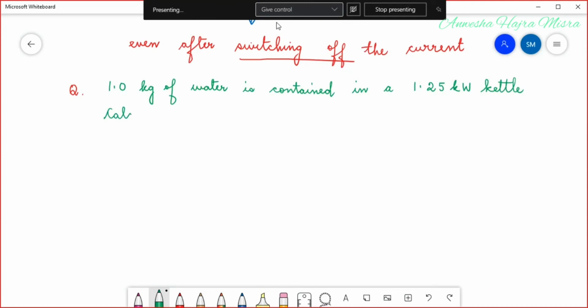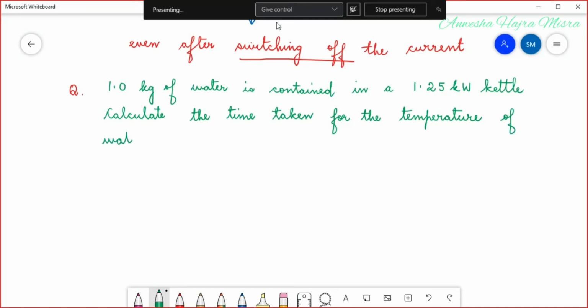Calculate the time taken for the temperature of water to rise from 25 degrees Celsius to 100 degrees Celsius.